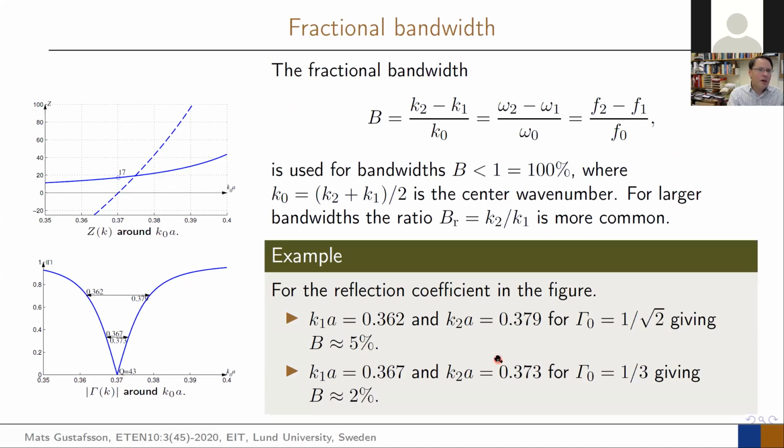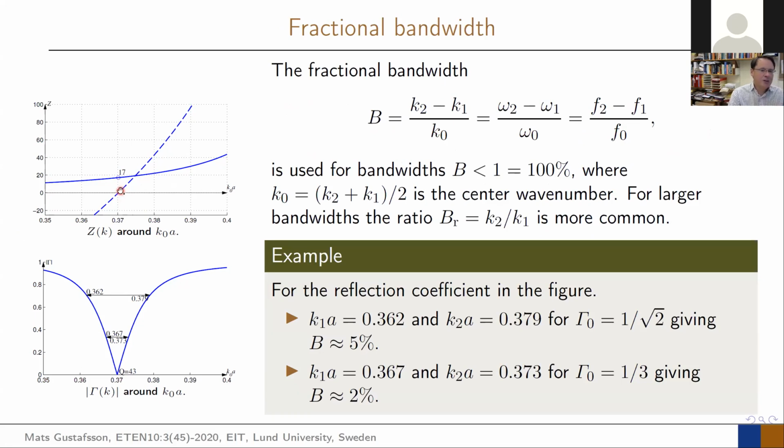And if we look now at this antenna, I can compute the fractional bandwidth here. So upper frequency minus lower frequency divided by center frequency. And if I have some antenna that comes here, radiation resistance, I have the reactance here, I have resonance frequency at 0.37.